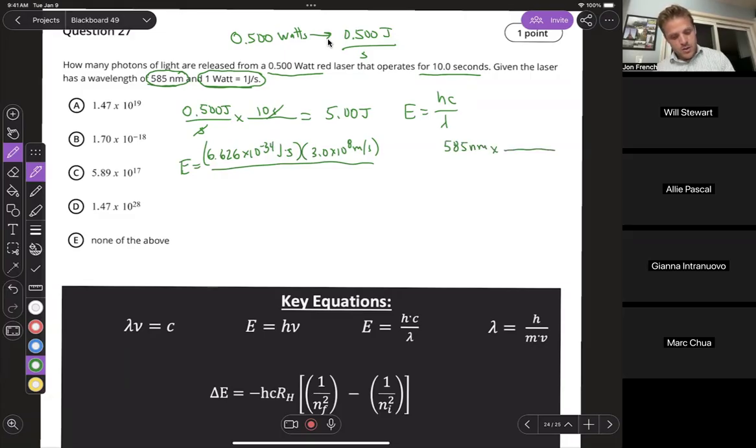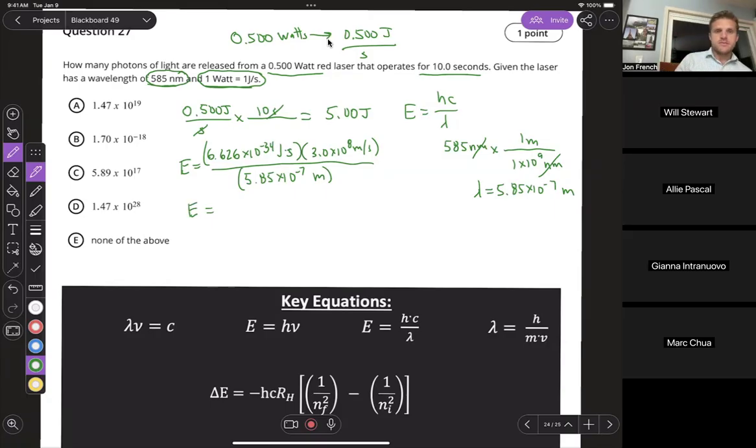We know in 1 meter there are 1 times 10 to the 9 nanometers, so we divide by 1 times 10 to the 9. My wavelength is 5.85 times 10 to the minus 7 meters. I'm going to guarantee someone tomorrow is going to do a calculation and just plug in nanometers as is and run it through. You'll get a number, sure, but it's not going to be the correct number. So just keep track of your units, right?